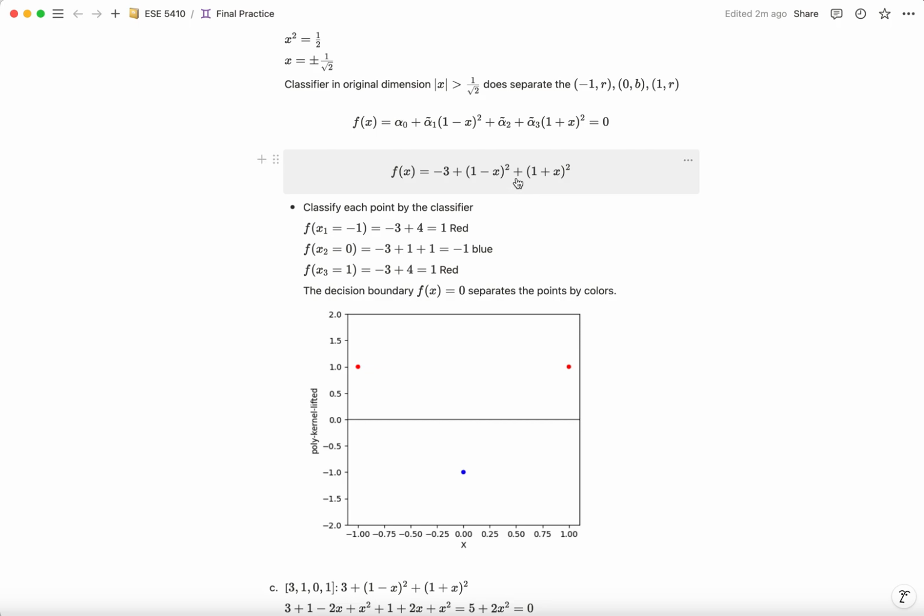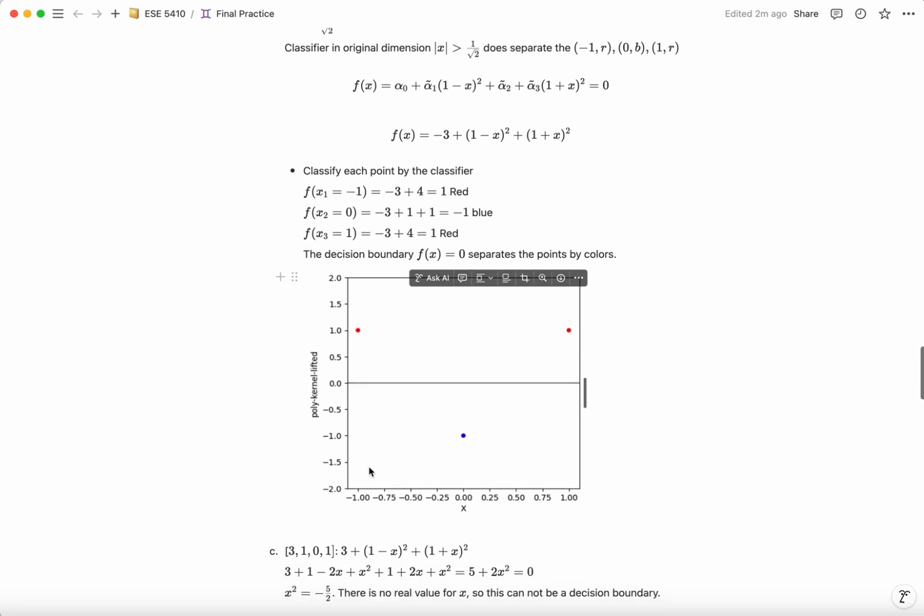Let's see if that actually works. So for the first data point, x1 equals negative 1, the lifted version becomes equal to 1, and that's a red point. That's this point over here. Here I'm plotting x against the lifted version, f of x.